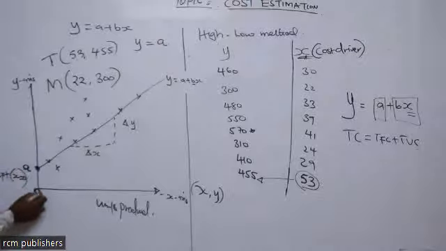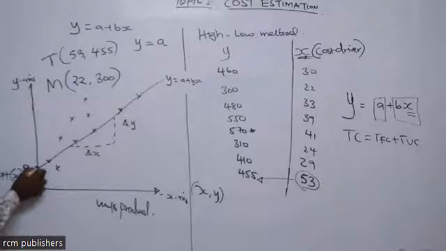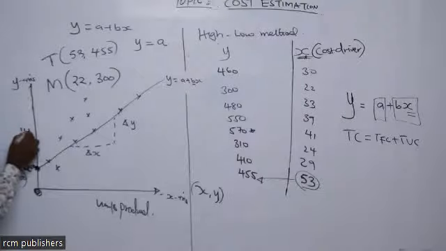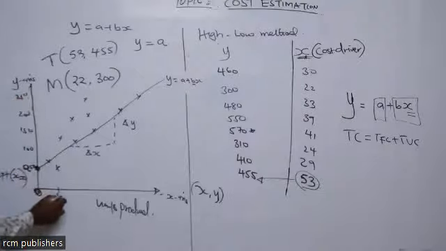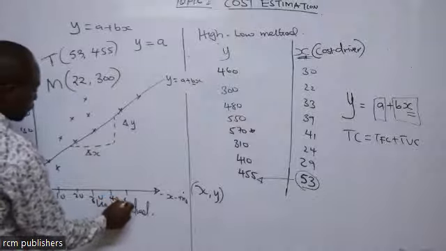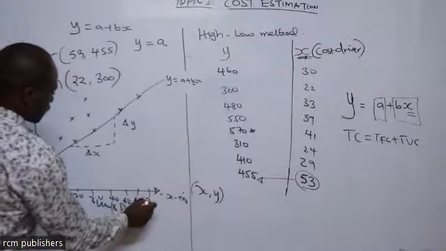Here, this is the origin of x. So when x is 0, what do we have as the already captured value of y? Maybe we have 50, 100, 150, 200, 250. Here is 0, 10, 20, 30, 40, 50, 60, 70.